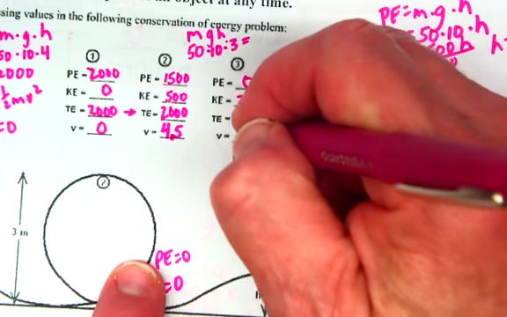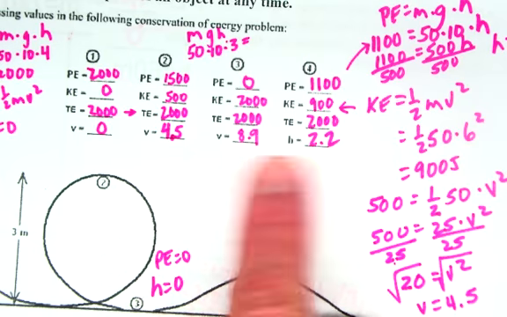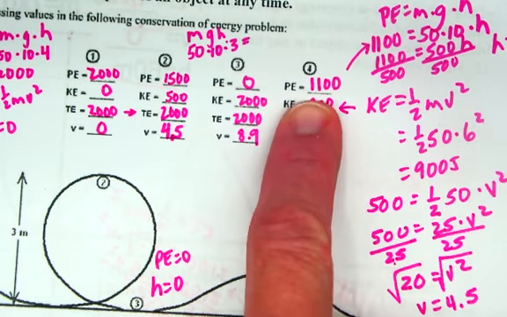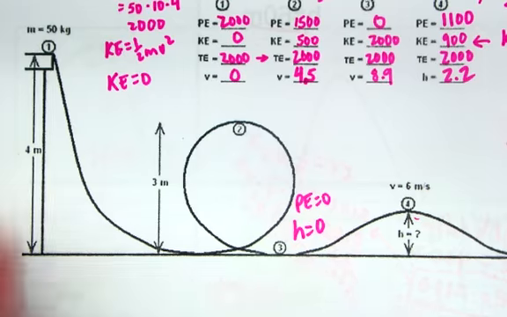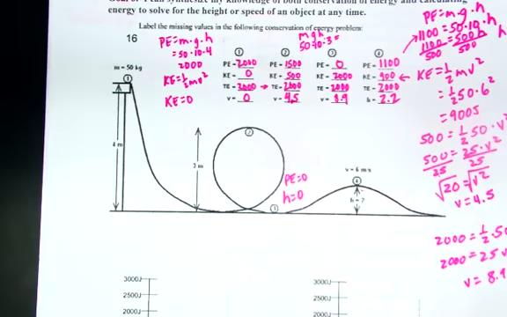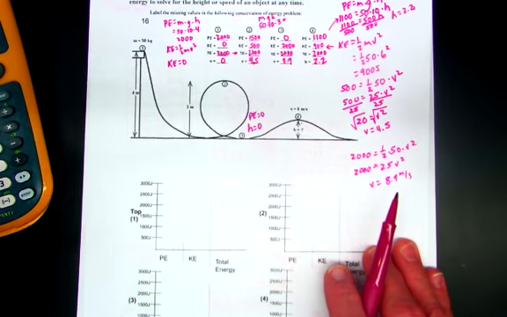So that's how I can indirectly map out and find velocities if I know the kinetic energy, and height if I know the potential energy. Finally, the last thing I want you to do is the little bar graph relationship. So this is hopefully helping you see how the energy changes from point to point.